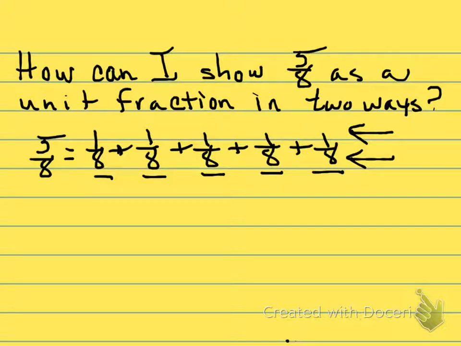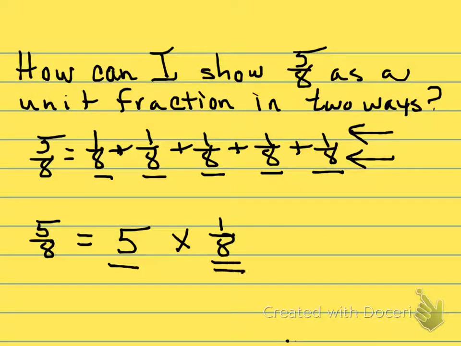But I can also show 5/8 as a unit fraction using multiplication. Let's take a look. I can write the equation 5/8 equals the whole number 5 times the unit fraction 1/8.